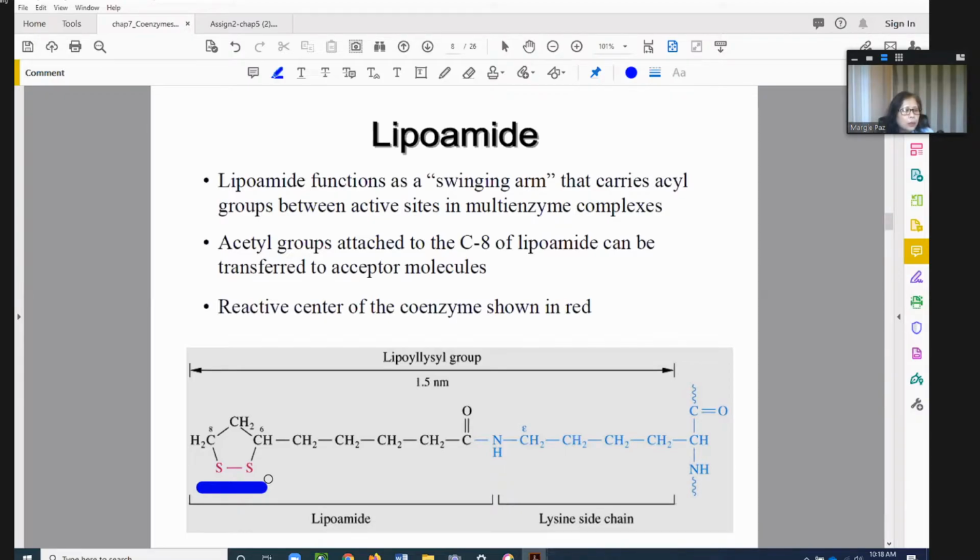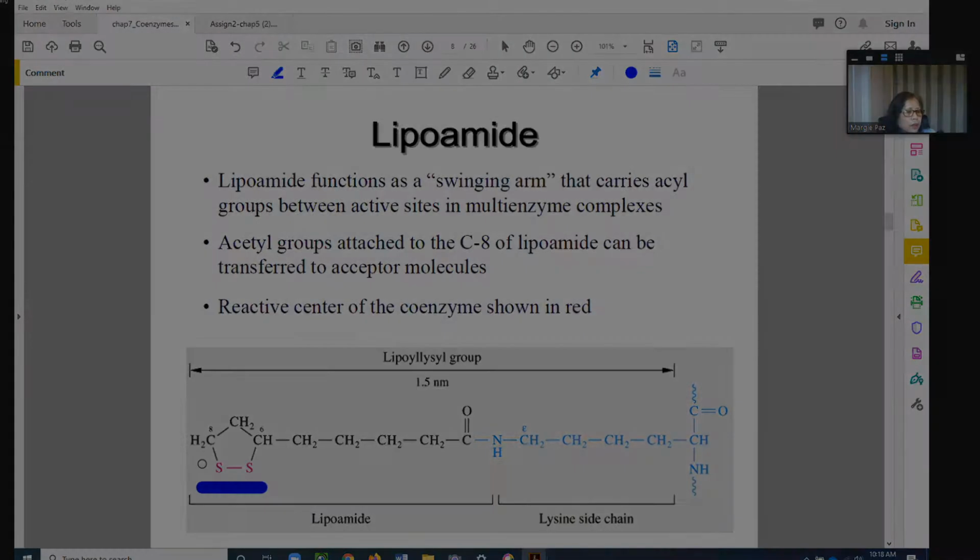Now, say for example, instead of this sulfur here, this is replaced by an acetyl group. The acetyl group that is attached to carbon number 8 of lipoamide can be transferred to acceptor molecules. So the role of lipoamide again is that it acts as a swinging arm that carries acyl groups between active sites of enzymes.